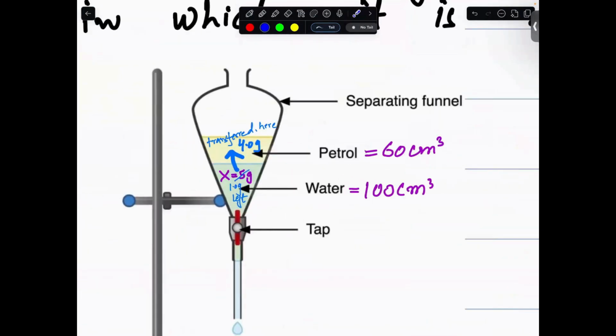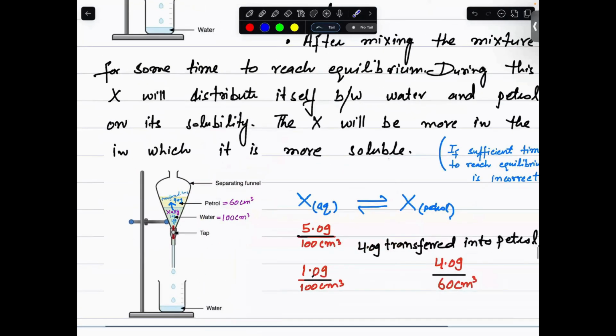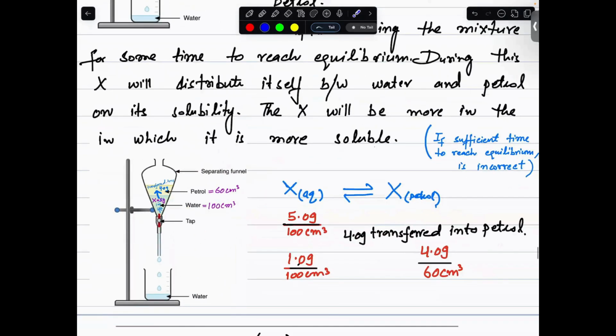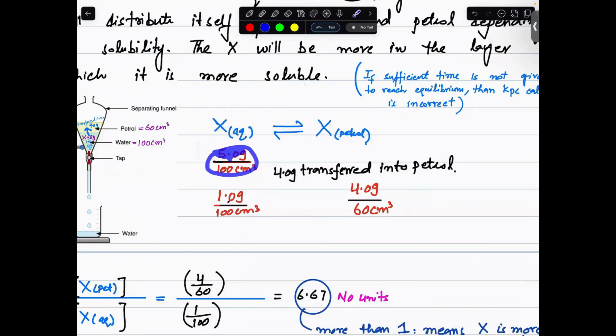How much transferred? 4. Out of 5, when 4 transferred, how much is left? 1. So how will I write this in equation form? Initially, 5 was in 100. Then out of 5, 4 is transferred. How much is left? 1.